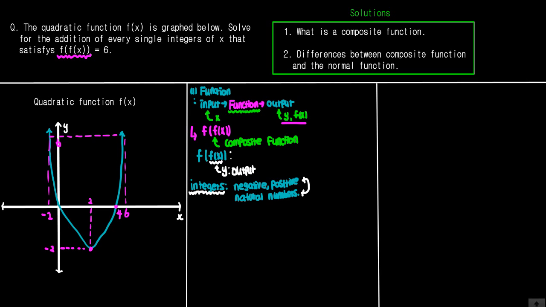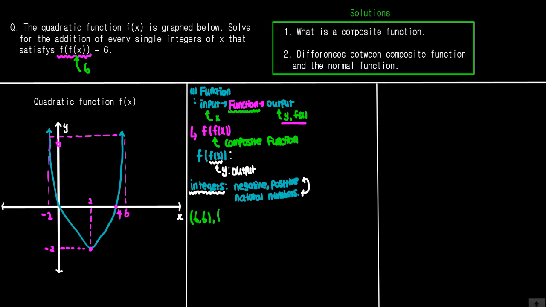So if you write our coordinates that are given that satisfy just f of x equal to 6, not the whole f of f of x: at first, if you input 6 as our x value, we get an output of our function which is 6. So that satisfies 6 and then 6.